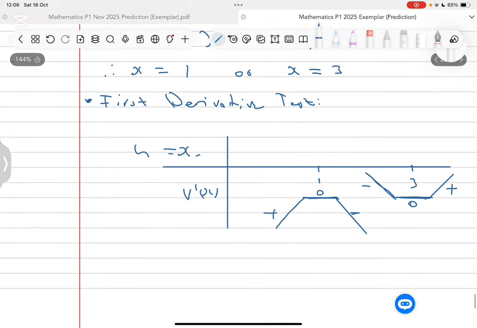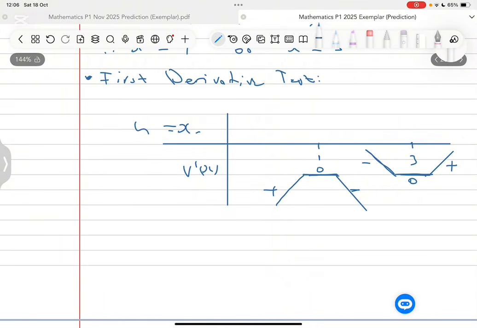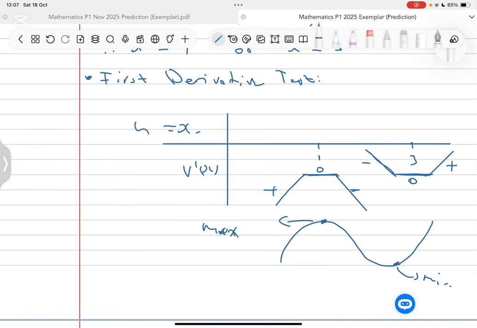Now let us interpret this. If you look at this shape, you can see that I'm actually having here a graph that goes like that. And that means this point here 1 and this point here 3 will represent my turning points. And we can see here that we have a maximum turning point and here we have a minimum turning point. Because this graph, this side here, is concave down.